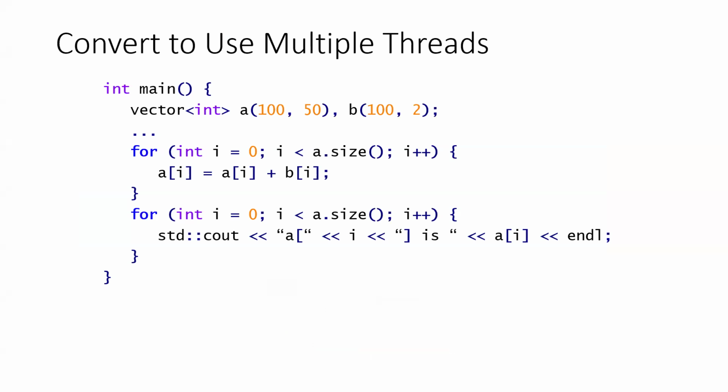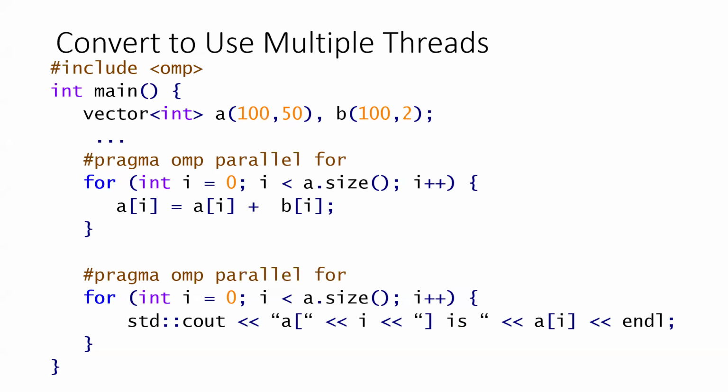So we always recommend you to write a single-threaded program before trying to parallelize it. Converting a single-threaded program to use multiple threads, what you need to do is first include OMP. OpenMP is already linked and installed on the UG machines. So you just have to include OMP and then use the pragma omp parallel for.